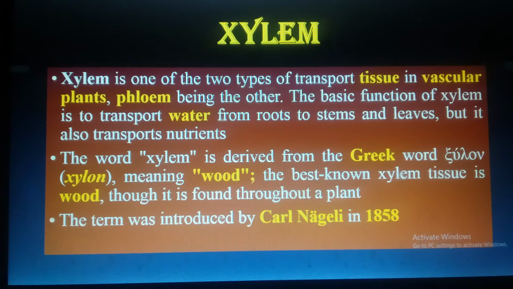I have shown you the photograph of Karl Nägeli, who introduced the xylem in 1858. Is it clear now? What is xylem? Who discovered xylem? And the word derivation is from xylon, which means wood.